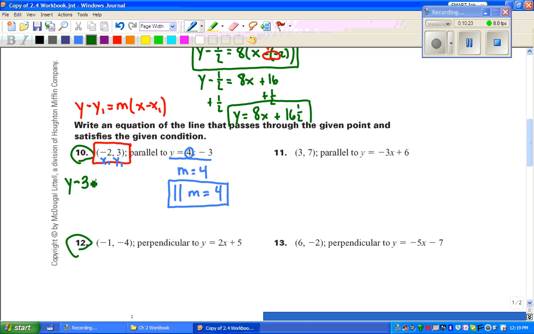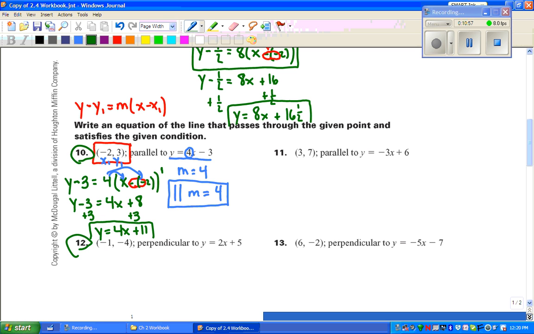Should put 3 there. Slope comes next, and then you got x minus a negative 2. Y minus 3. We know that this becomes a plus, and we have to distribute this here and here. We get y minus 3 equals 4x plus 8, add 3, add 3. I get y is equal to 4x plus 11.